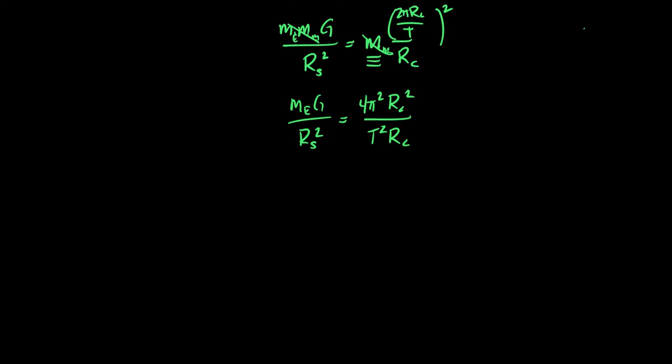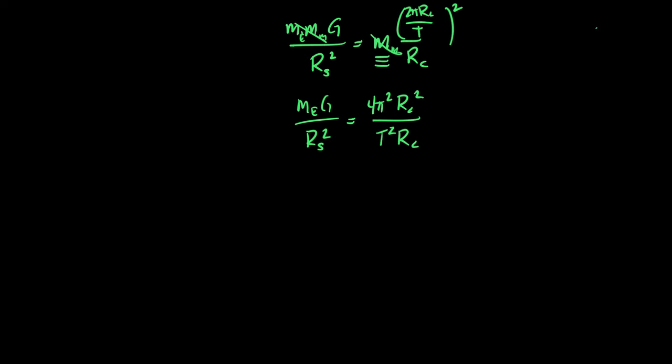So I do want T as a function of everything else. So I'm going to cancel out the one RC, and I'm going to do a little cross multiplication and a little factoring and find that T is equal to 2 pi times the root of RS squared times RC over Me G.